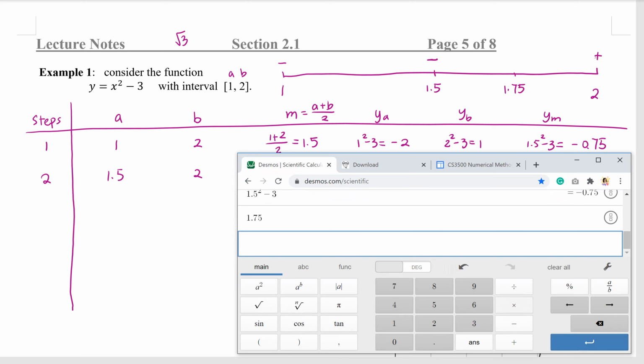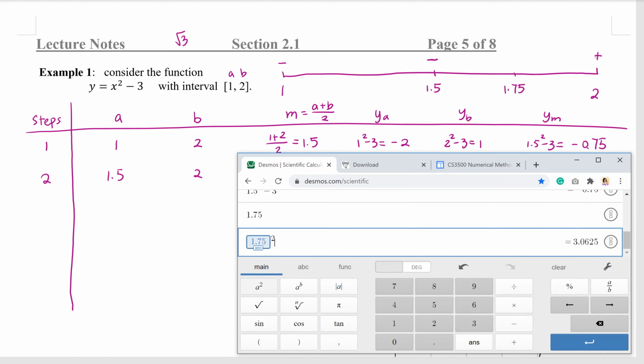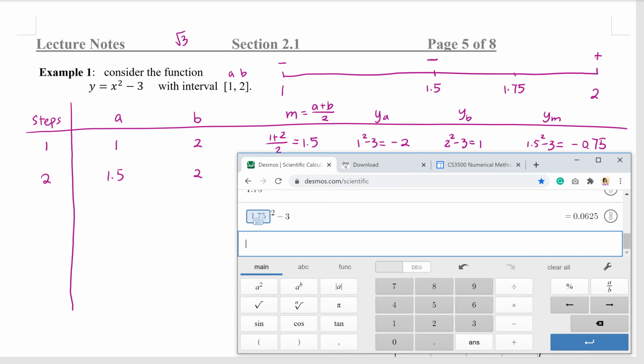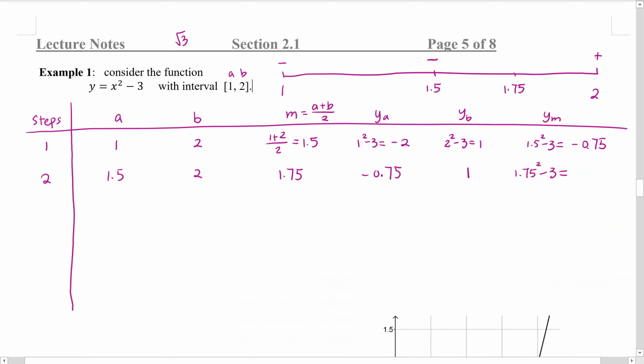And then we can do answer squared minus 3. See? You can do it in your calculator. Then enter. So this is f of 1.75, which is 0.0625. So far so good, everybody.